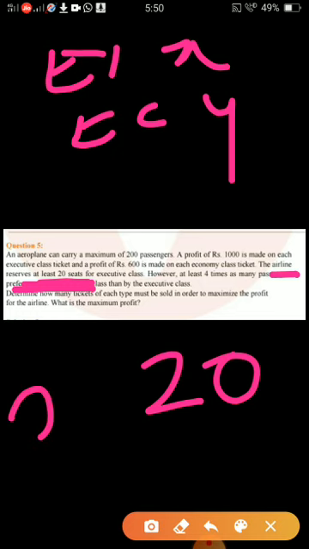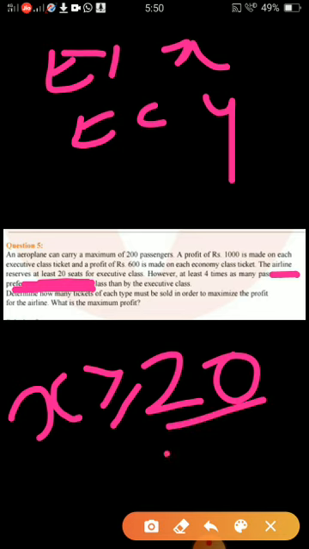So what should be the inequality? x is greater than or equal to 20. Minimum 20, so it should be greater than or equal to 20, that is 20 or more than 20. Clear? So this is my second one.